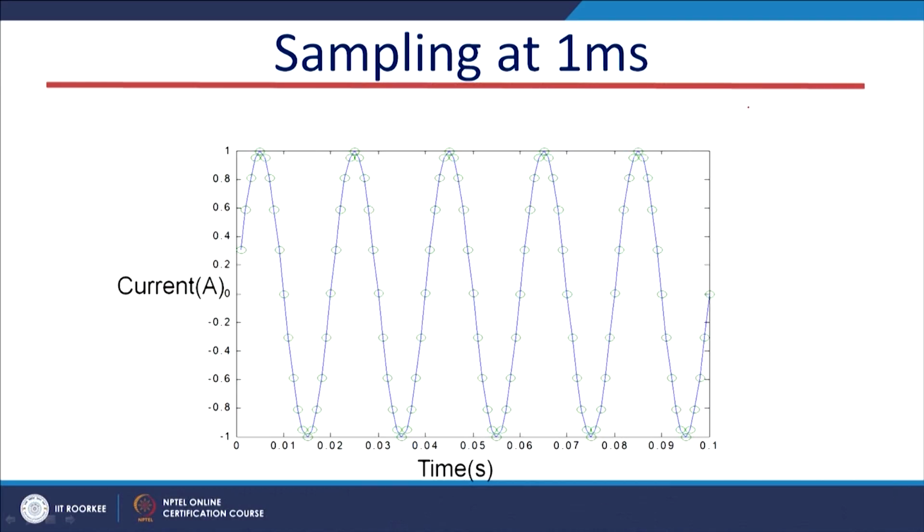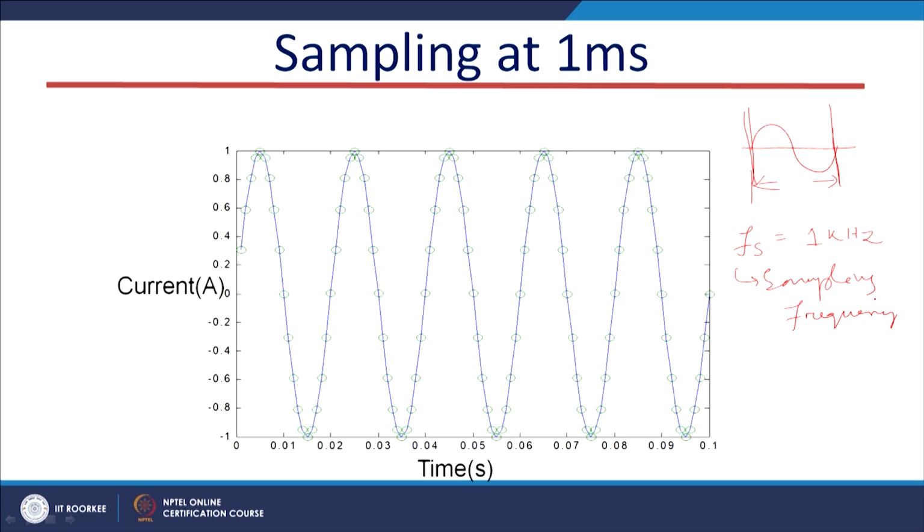If we have a voltage waveform, then for relaying and protection purposes the sampling rate we take is 1 kilohertz. That sampling frequency we denote by Fs, known as the sampling frequency.